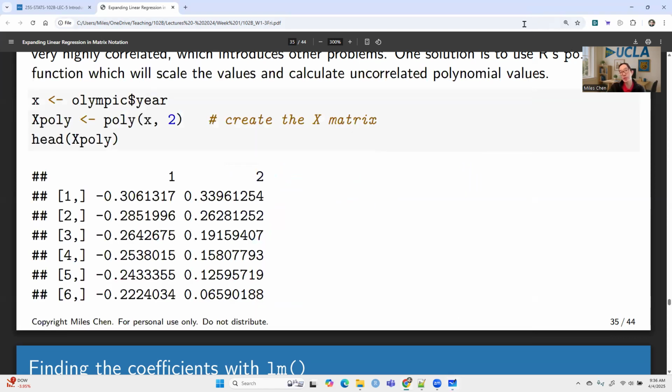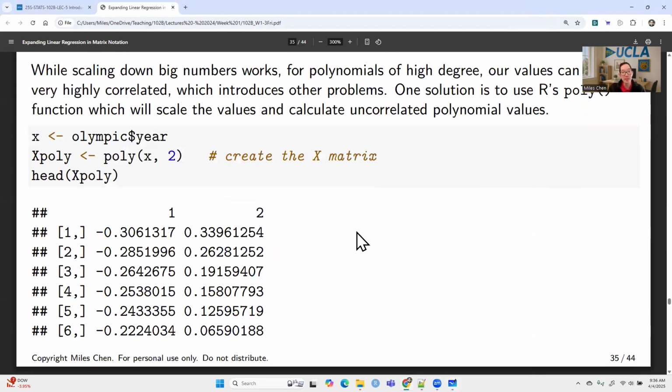Okay. And that's what the poly function does. It's going to take your column of x values and create, and it's hard to see what's going on here, but it creates basically these different terms, x and x squared and x to the third and x to the fourth and things like that.